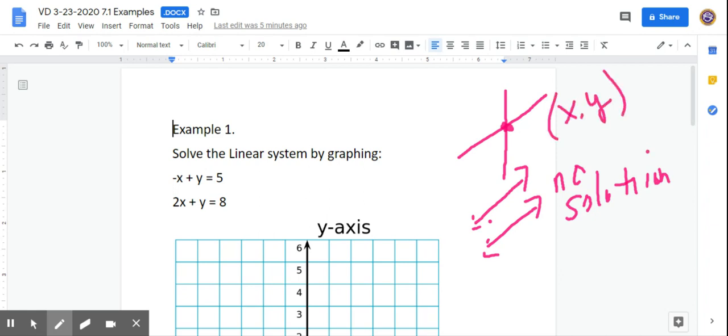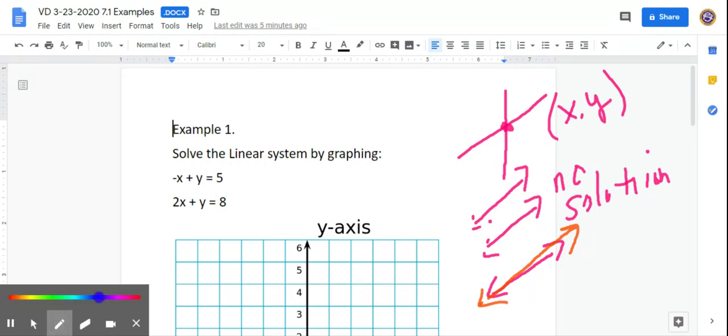Okay? What's the third option? The third option is when you have a line and then you have another line that when you actually solve it is the same line. Okay? Well, if it's the same line, where do they intersect?